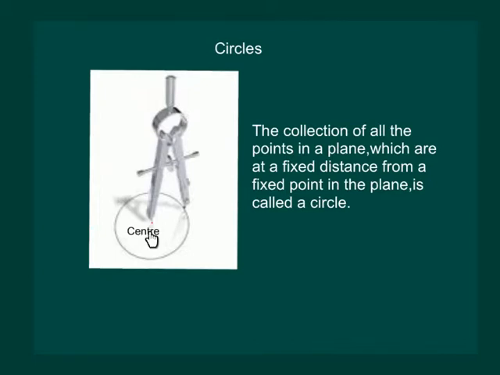The fixed point is called the center of the circle, and the fixed distance is called the radius of the circle.